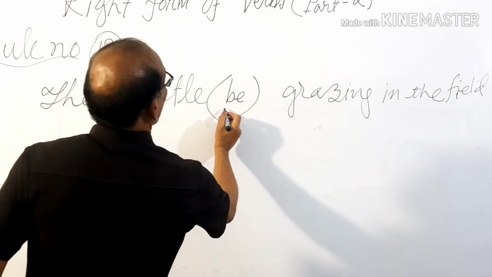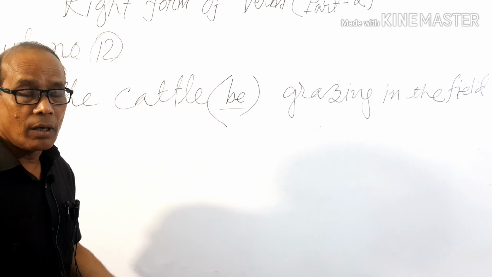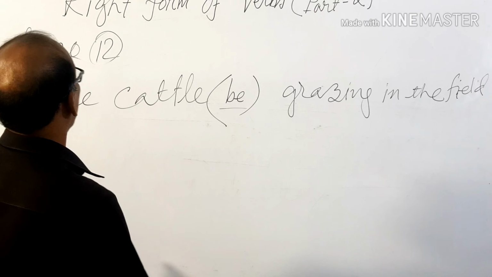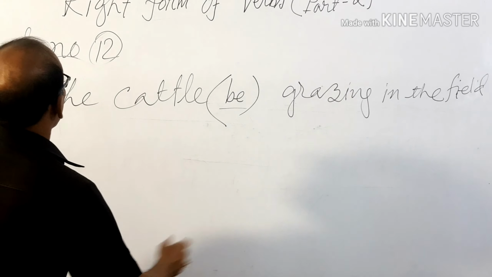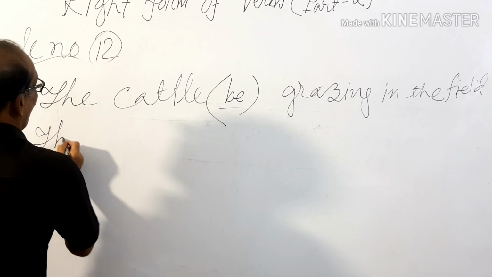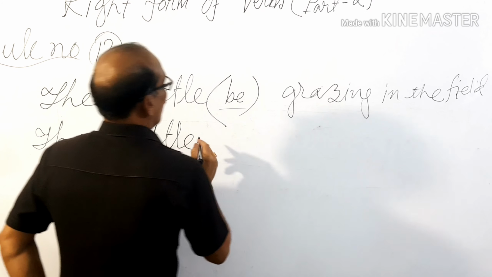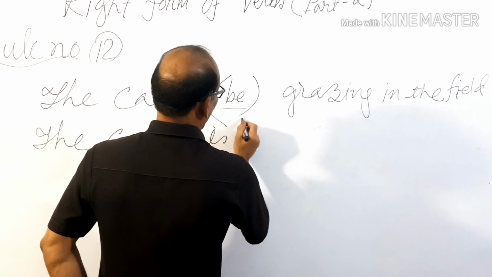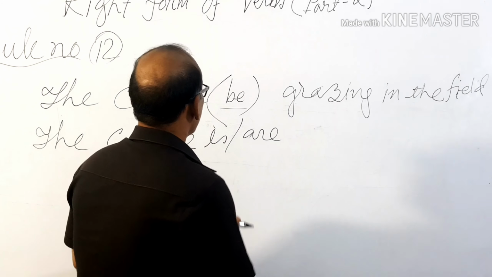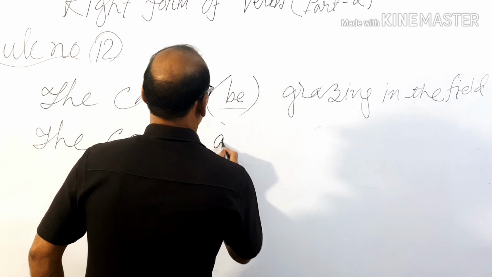So here be, we know be is the base form of the to be verb. Am, is, was, were; in future shall be, will be, and so on. Here the cattle, what would be, is or are? Of course, we will have to use are here.